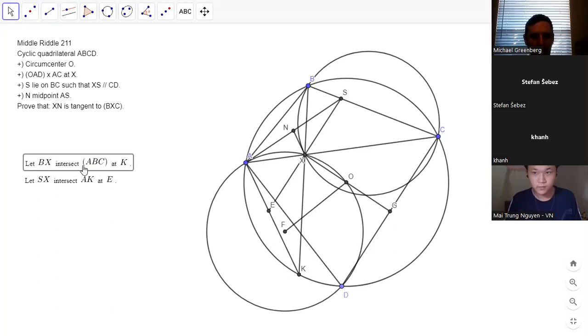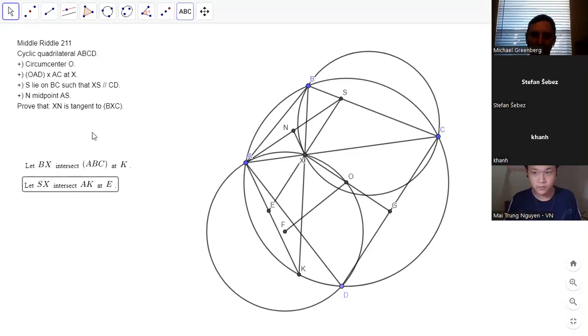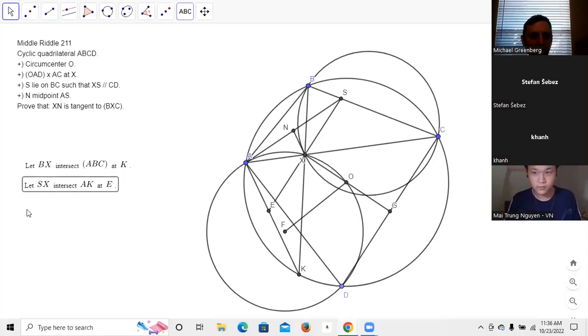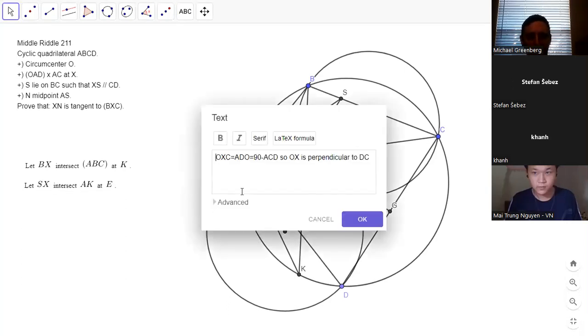Okay, so I'm just going to make room for that part of the proof. So OX is perpendicular to CD. And XS is parallel to CD.